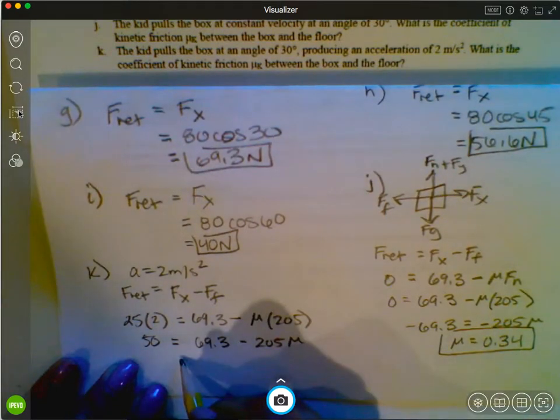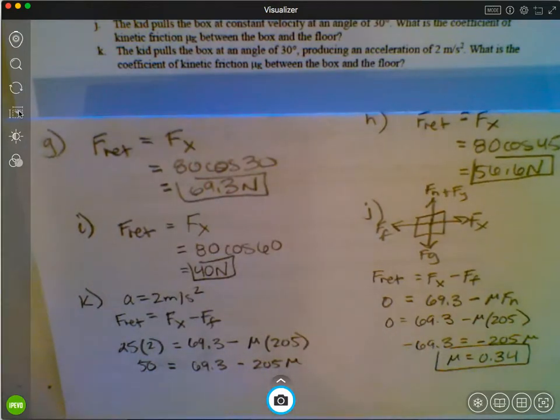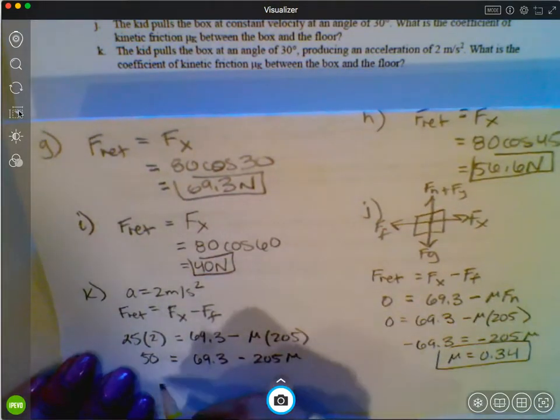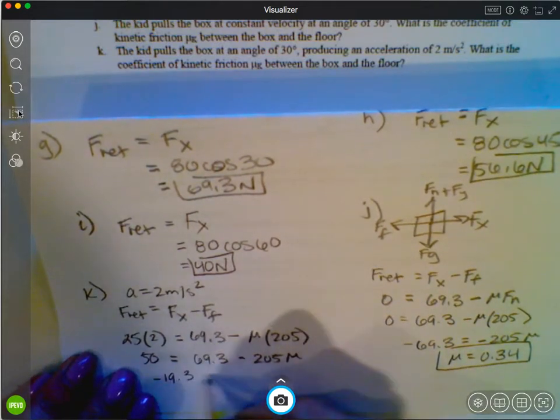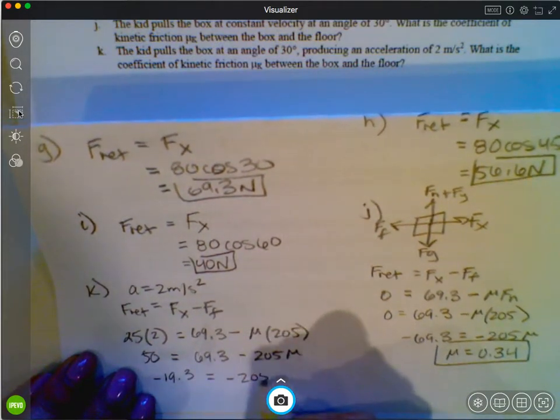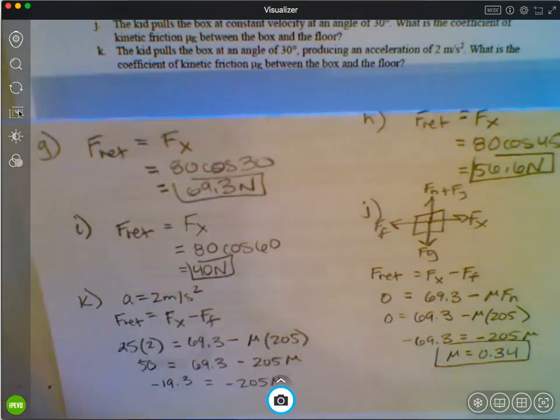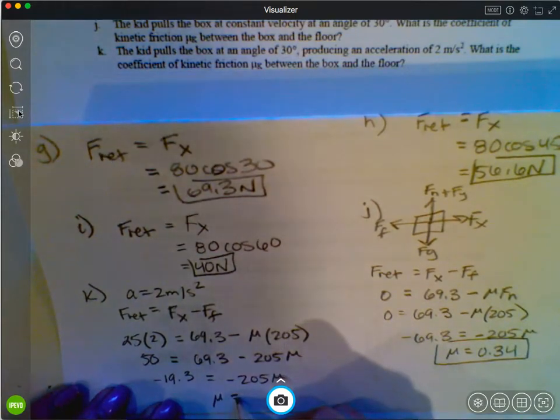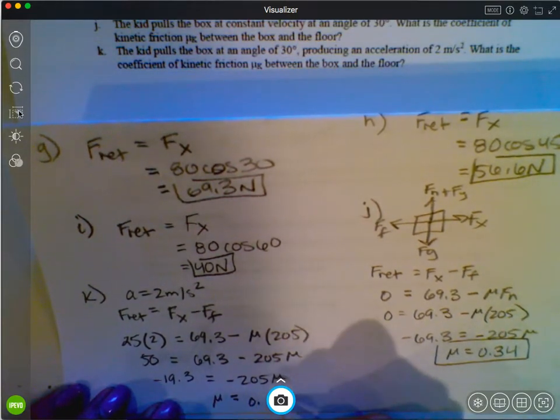I'm going to subtract 69.3. So that's negative 19.3 equals negative 205 times mu. Divide by 205. And now the coefficient equals 0.094.